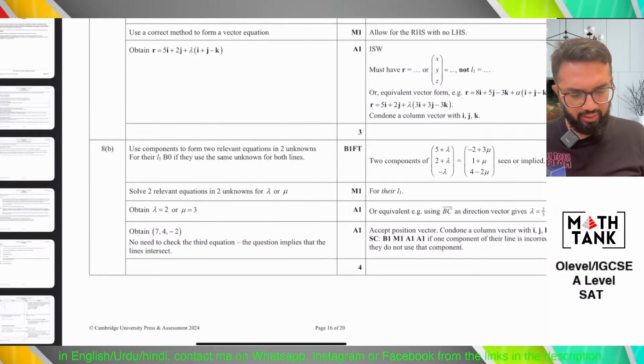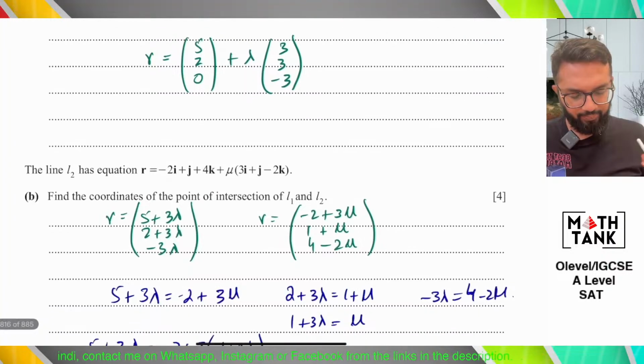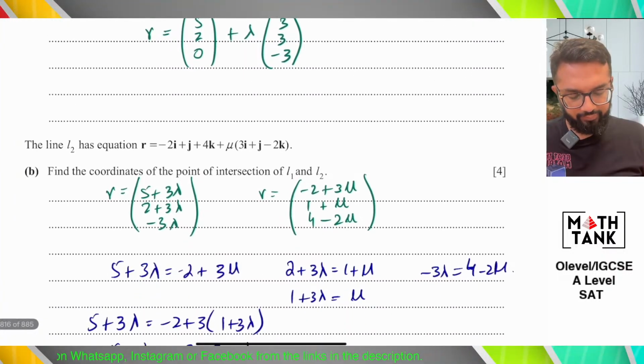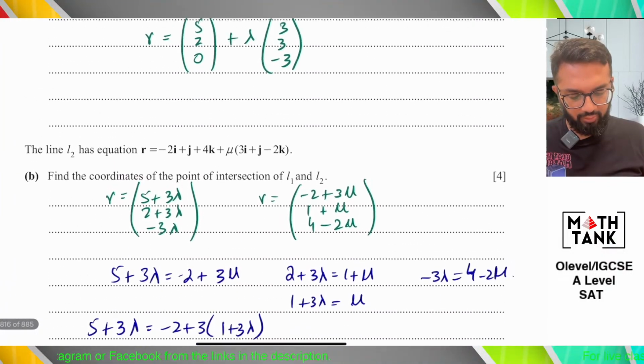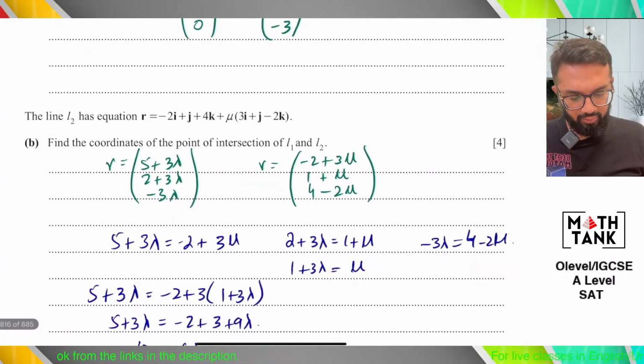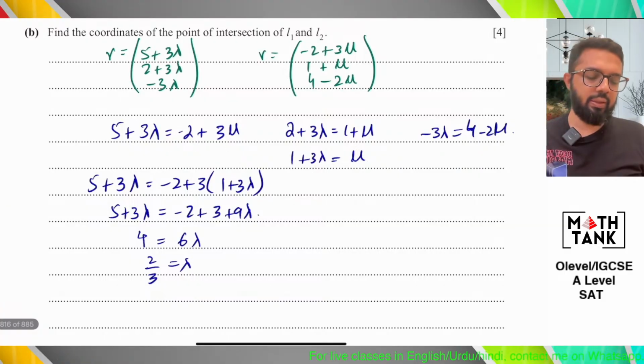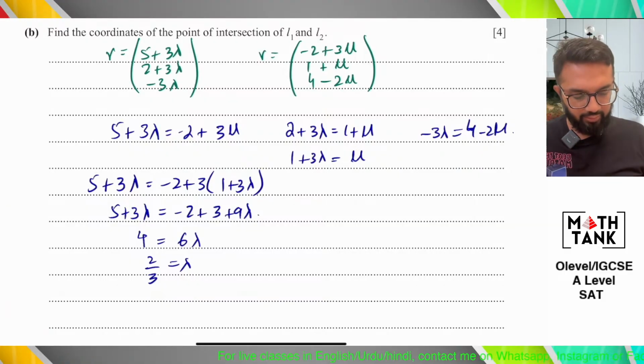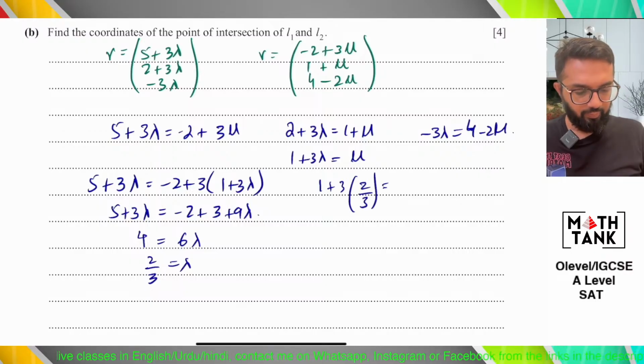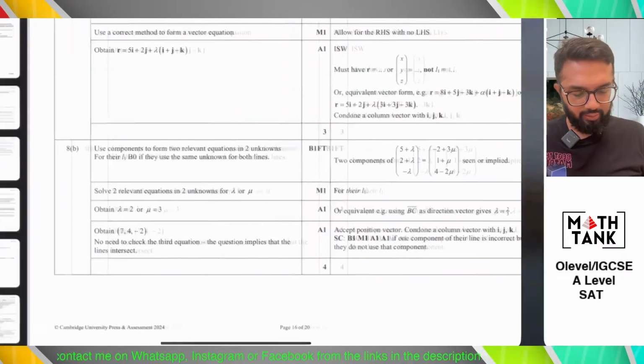Okay, 3, 3 and minus 3 is also fine. Okay, I think that is the difference. Fine, I think I should get the correct answer at the end. Mu is equal to, I think that's fine then.